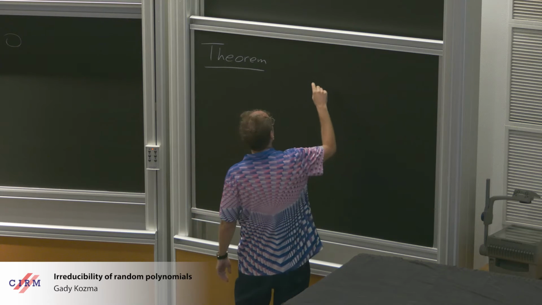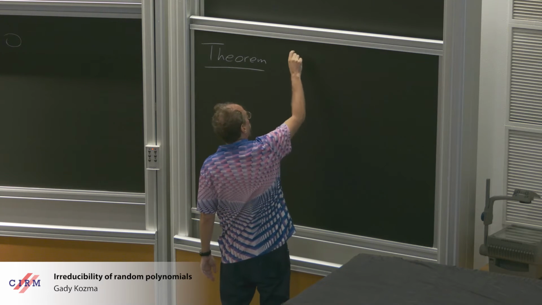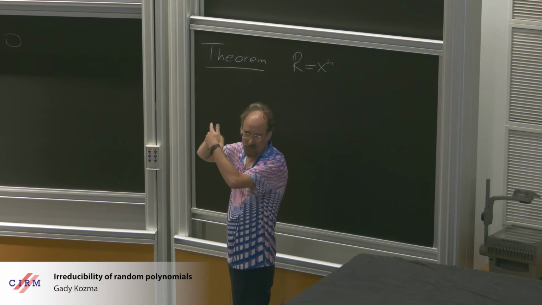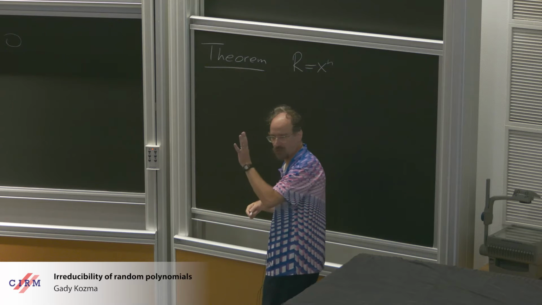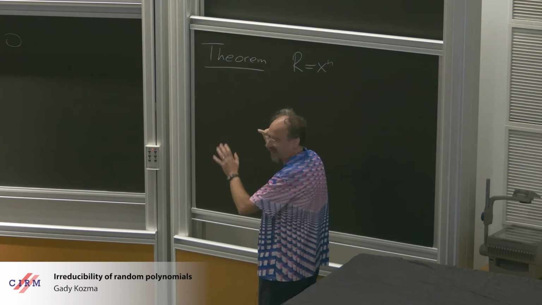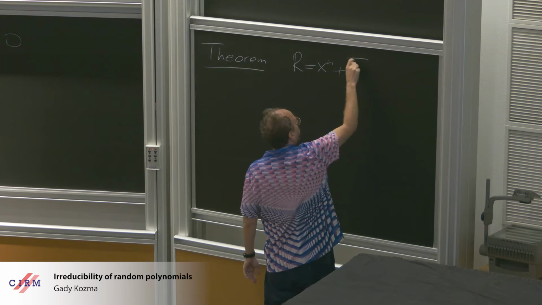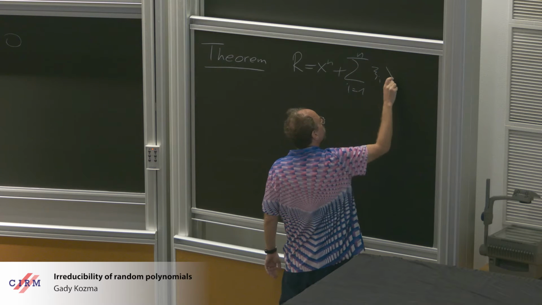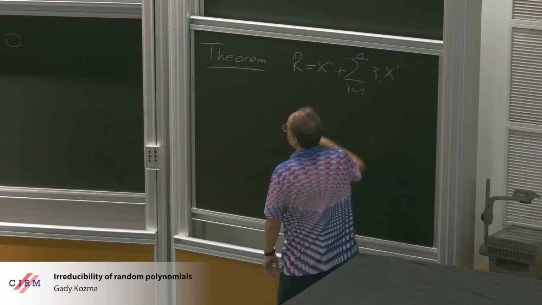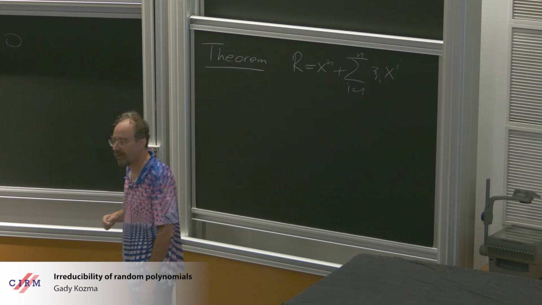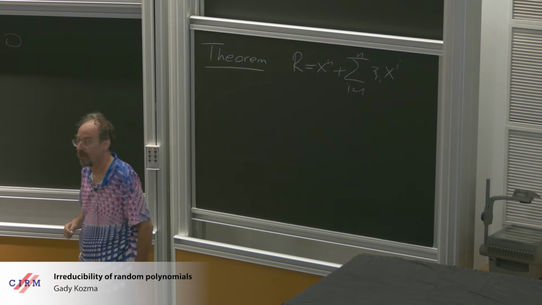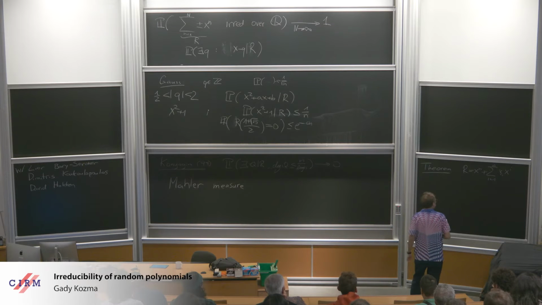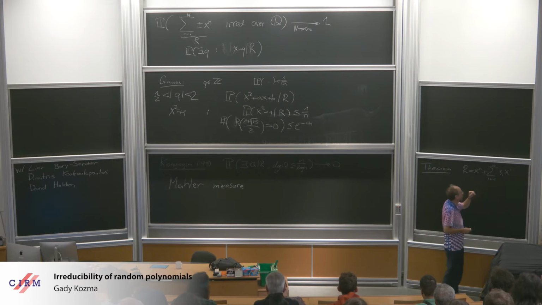We said, okay, let's take our polynomial. Let this time R be such that the top coefficient is, because of Gauss's lemma, it's more convenient to have the top coefficient constant 1. But this is just a technicality. And let's take all the others still IID, with distribution independent not only of i, but also of n.